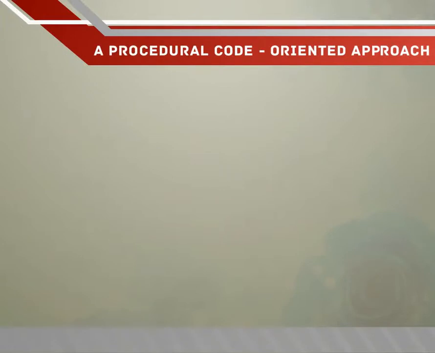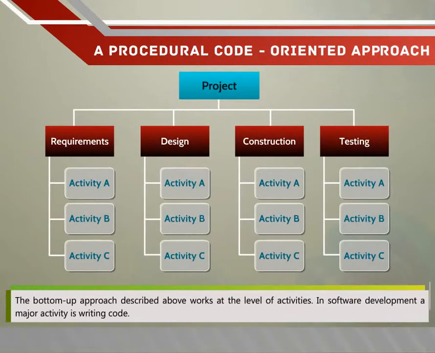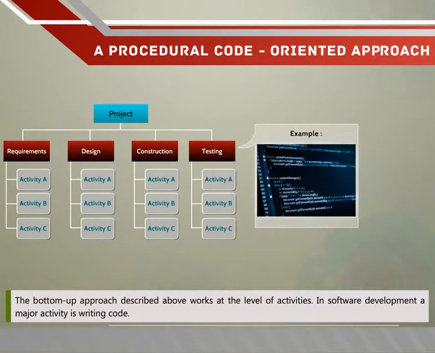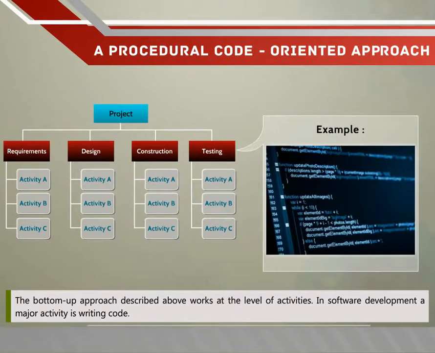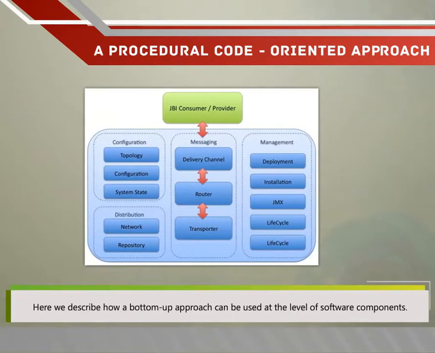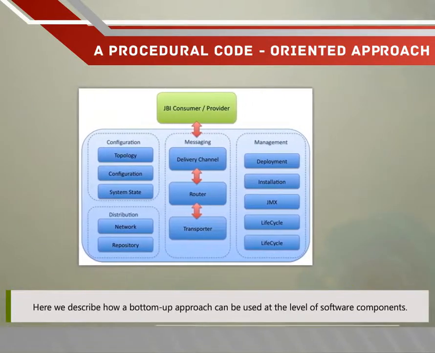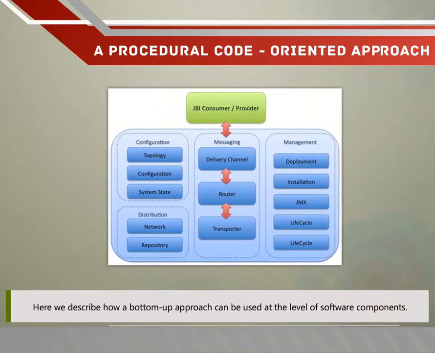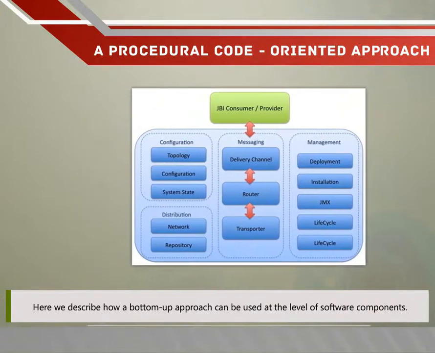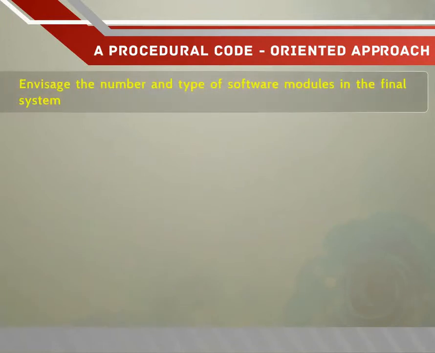A procedural code-oriented approach. The bottom-up approach described above works at the level of activities. In software development, a major activity is writing code. Here, we describe how a bottom-up approach can be used at the level of software components. Envisage the number and types of software modules in the final system.